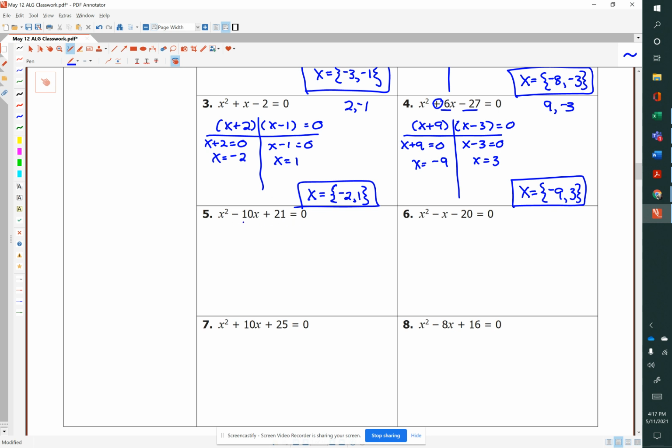I need two numbers that add to -10 and multiply to 21. There will be both negative numbers because we need them to multiply to +21. So that would be -7 and -3. So (x - 7)(x - 3) = 0.